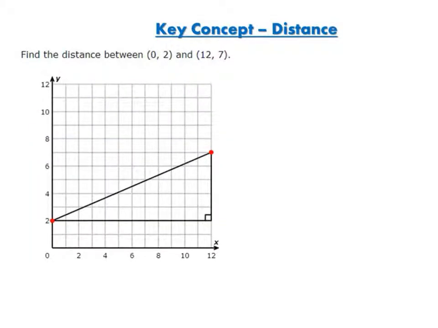This example is asking us to find the distance between 0, 2 and 12, 7. Now they've already made a right triangle for us, so it's going to be pretty easy. So we're going to find the distance on the x-axis and square it.